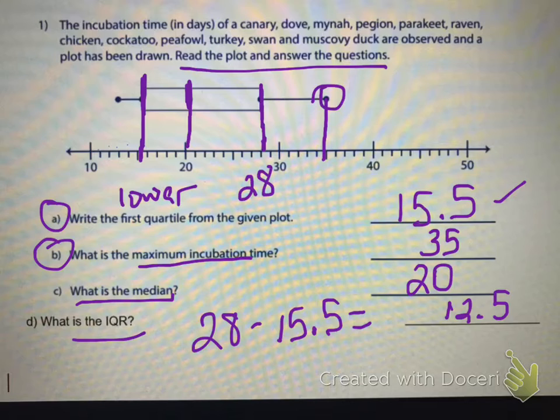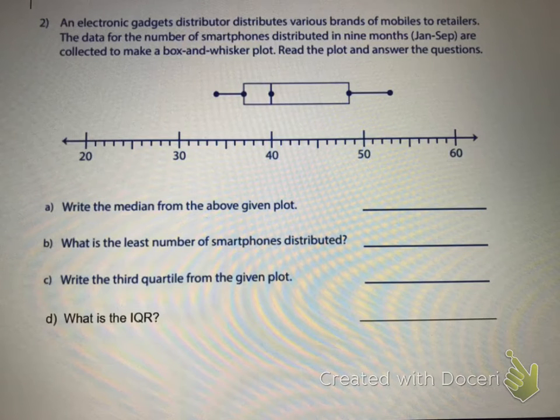All right, so let's do one more example. We have an electronic gadgets distributor who distributes various brands of mobiles to retailers. The data for the number of smartphones distributed in 9 months, January to September, are collected to make a box and whisker plot. Read the plot and answer the questions. Question A says, write the median from the given plot. We know our median is our middle line here, and that is 40. Letter B says, what's the least number of smartphones distributed?